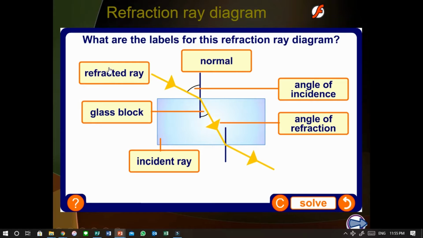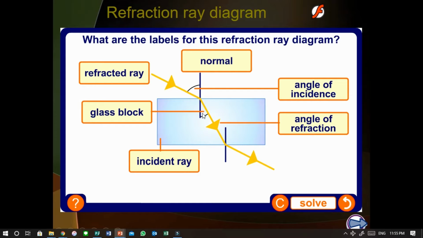Remember, your incident ray comes in, that's the light being sent in at the beginning. The angle of incidence is measured from the normal. The normal is perpendicular to whatever is being refracted, the yellow glass block, and within the glass is the angle of refraction, right here.